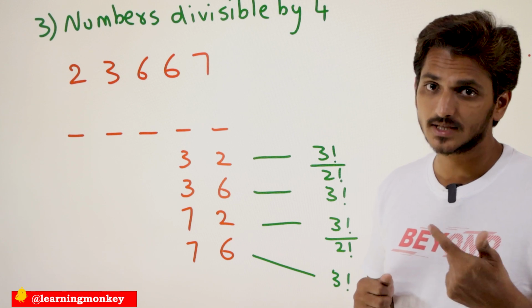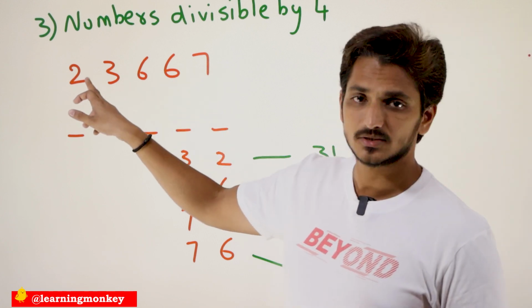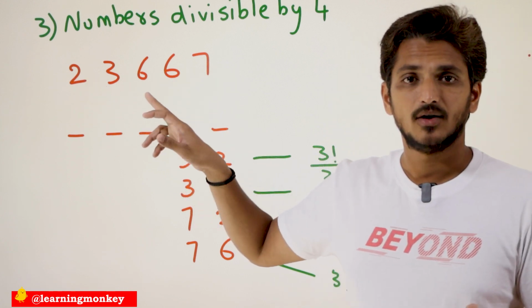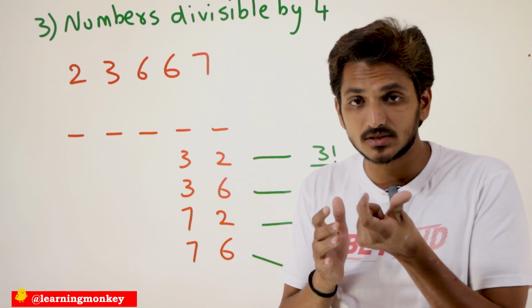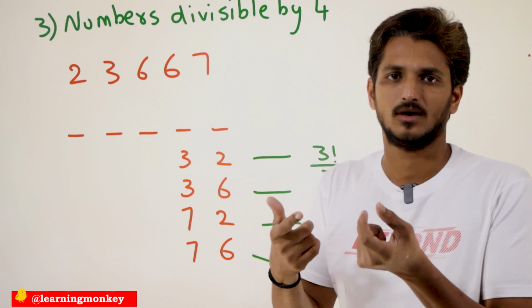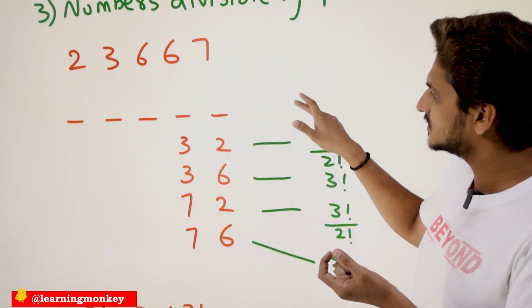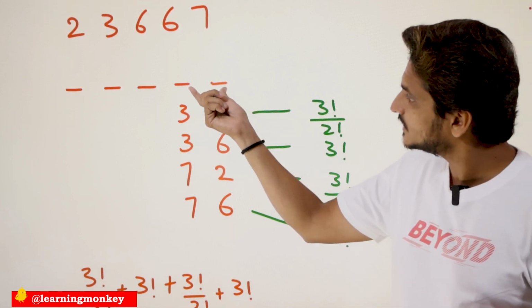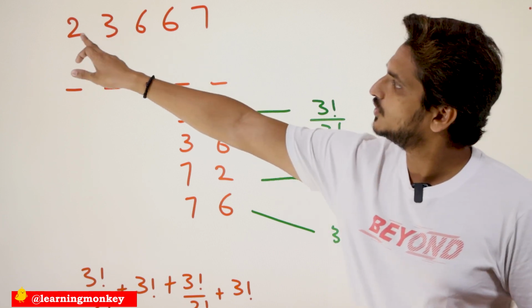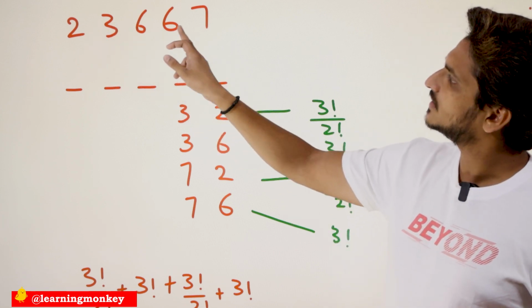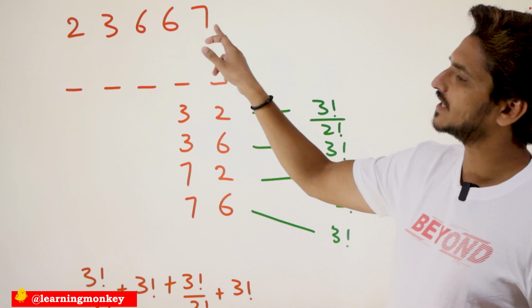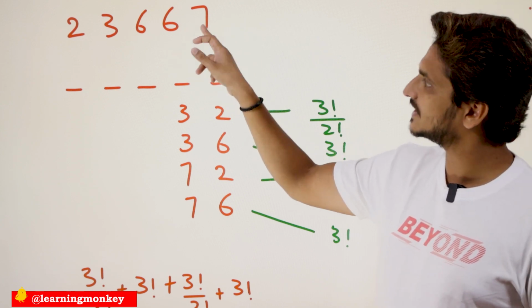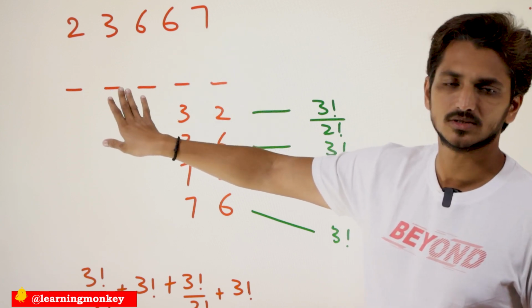So now our logic is, from the given digits, we need to find which possible 2-digit endings are divisible by 4. 32 is divisible by 4. Once you place 3 and 2 in the last positions, the remaining 3 digits are 6, 6, 7. They can be placed in 3 positions.